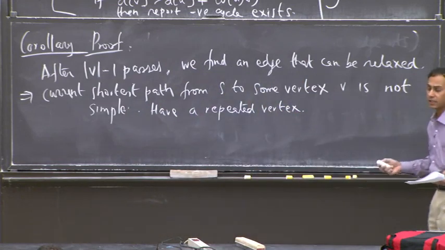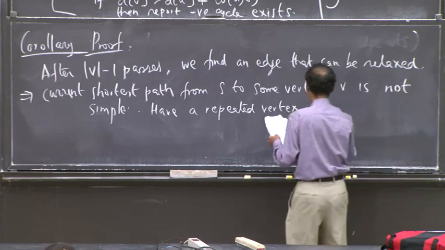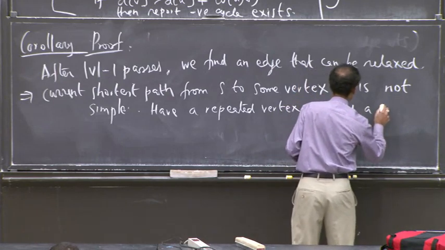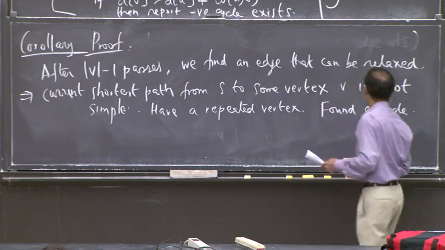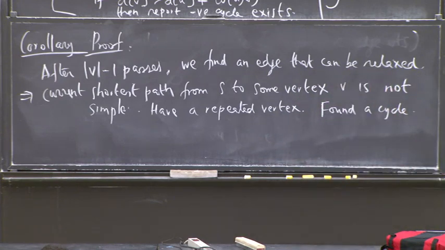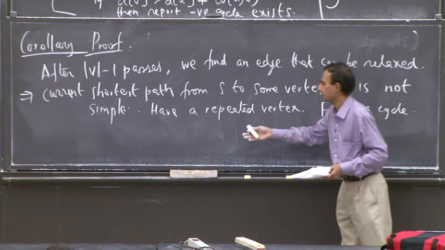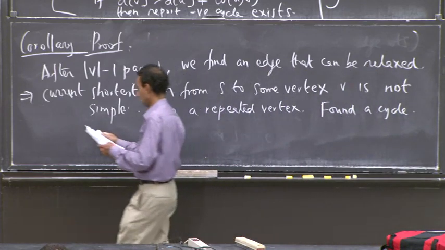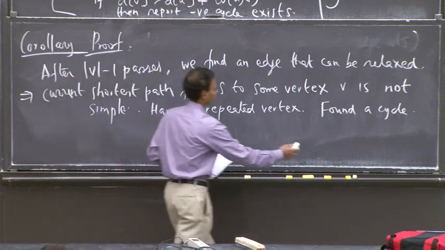Right? So that means if it's not simple, to have a repeated vertex, that's the same as I found a cycle. And it's a negative weight cycle because I was able to relax the edge and reduce the weight after I added a vertex that caused a cycle. All right? And so this cycle has to be negative weight. Found a cycle that is negative weight.